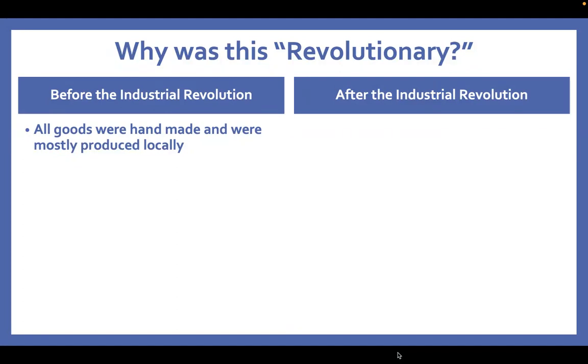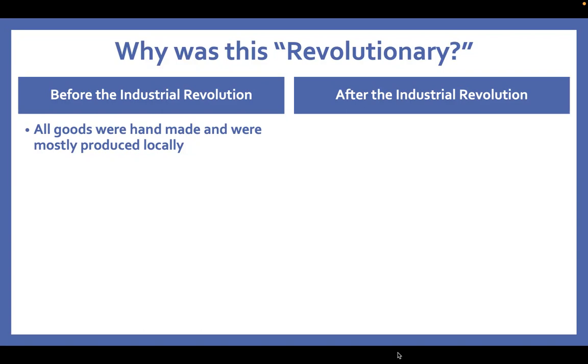Yes, there was some trade of some raw materials and some spices, but probably about 90% of the stuff that you used and owned basically was made by hand and made locally. Usually you had maybe two outfits, maybe three if you're a little bit richer. Sometimes you didn't even have shoes.